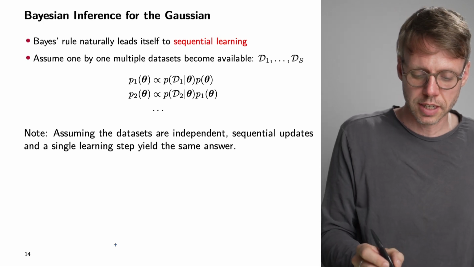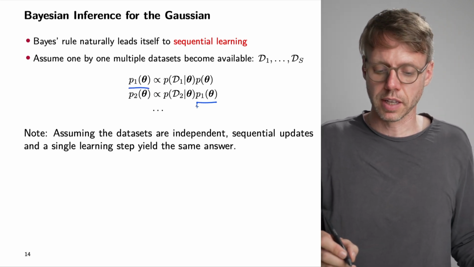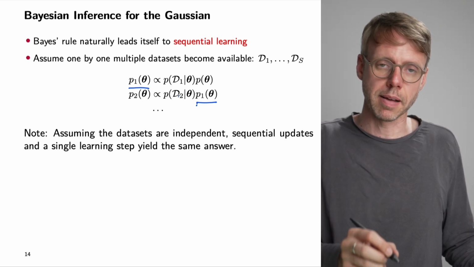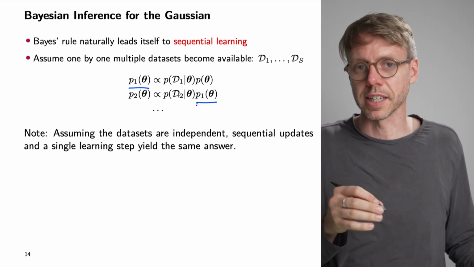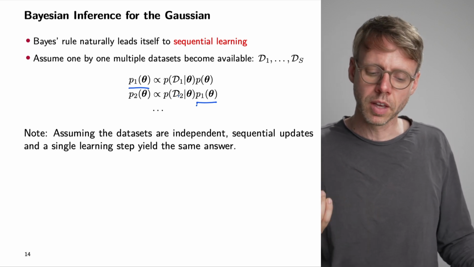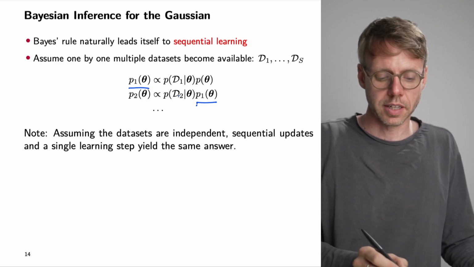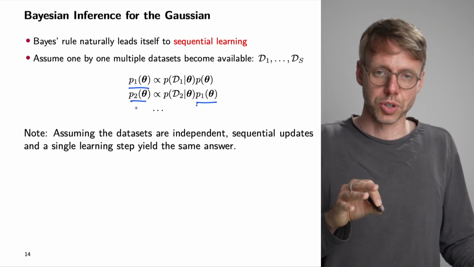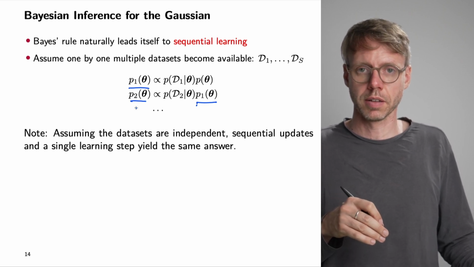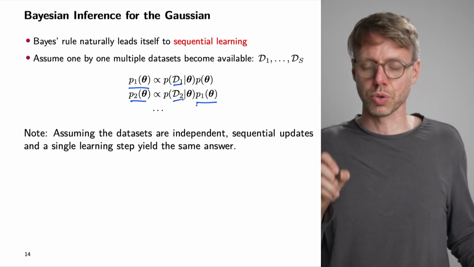So we can use this posterior distribution as the prior distribution if we get a new second data set, as long as the data sets are sampled independently and, of course, identically, because we are estimating the parameters of the same distribution. We can do this procedure and always get a new update of this conjugate prior distribution to compute a new posterior that now has absorbed both dataset 1 and dataset 2.